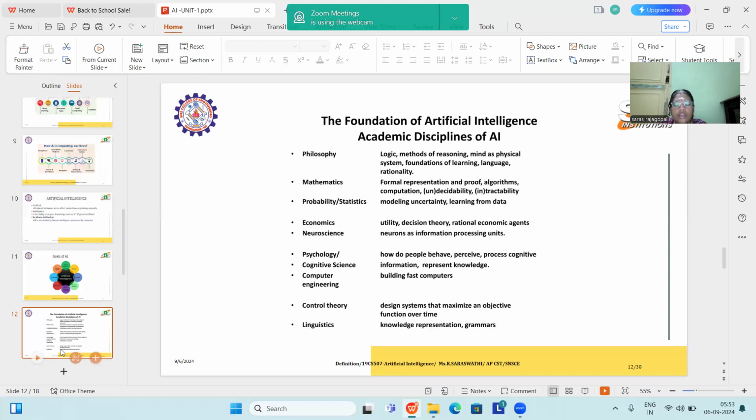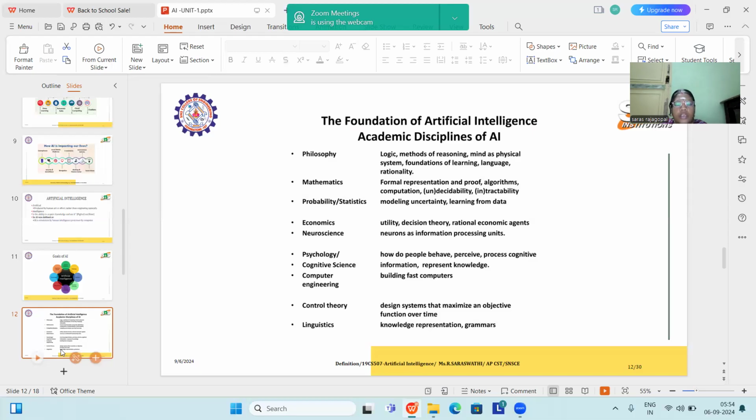Economics, we have to make the decision theory, rational economic agent and utility. Neuroscience, neurons can act as information processing units. Psychology, how people behave, perceive, process, cognitive science. This information represents the knowledge.